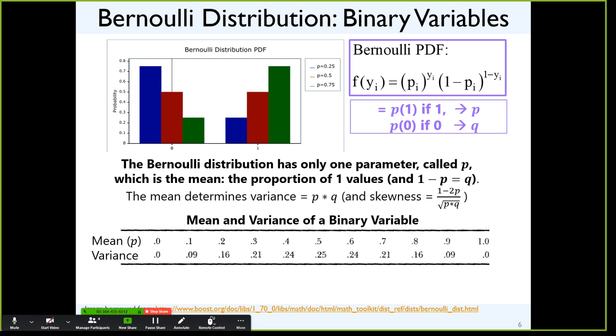The proportion of 1s times the proportion of 0s. As you move away from an even split, the variability goes down, all the way down to 0 if everybody picked the same answer. So in this case, all we got to know is mean, what follows is variance, and what follows is skewness. That will have implications in trying to represent binary variables either as predictors or as outcomes.